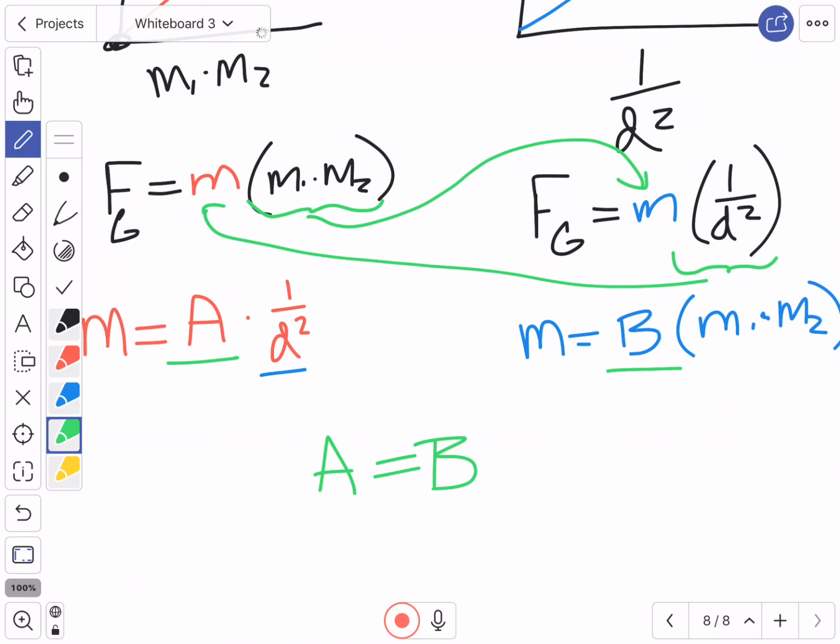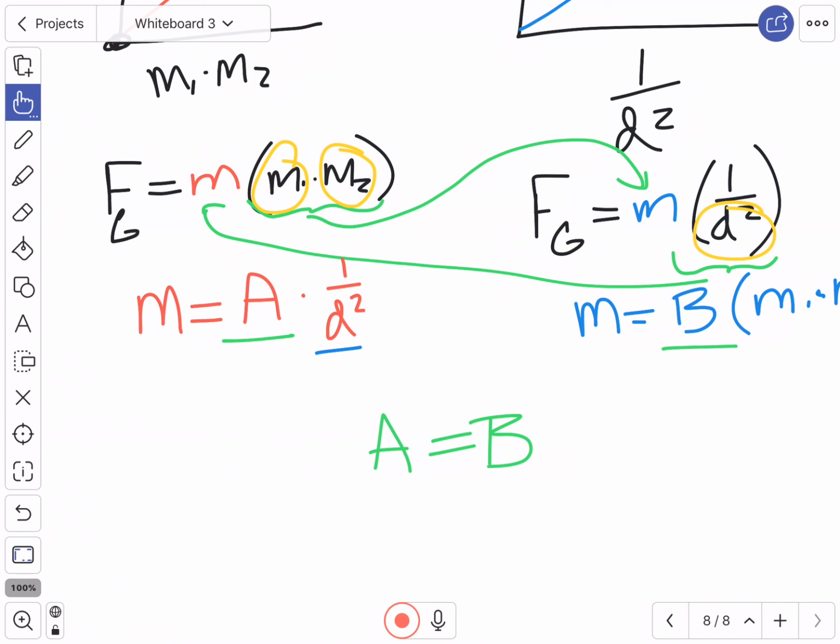And so what that means is there is some other quantity besides the mass of object 1, the mass of object 2, and the distance between them. There's some other quantity that is taking part in the gravitational force. If we put these two ideas together, we're going to come up with the main equation for universal gravity.